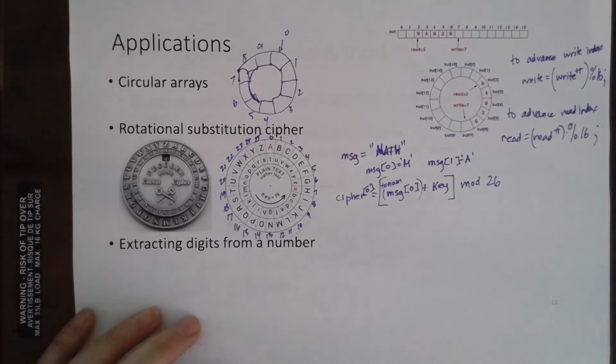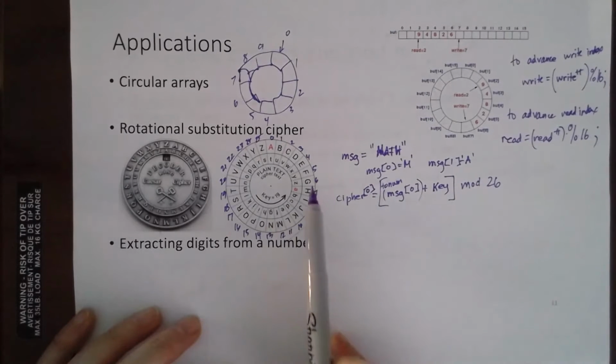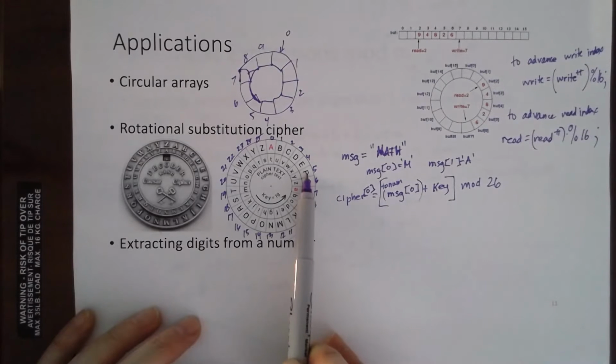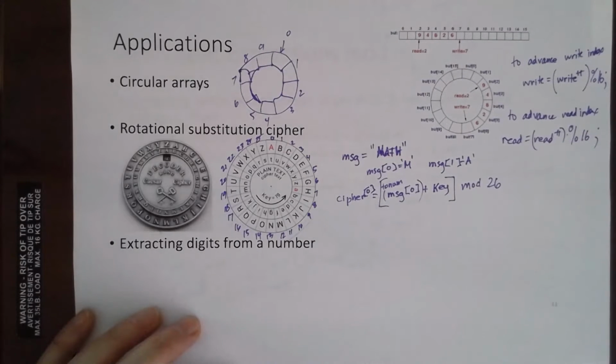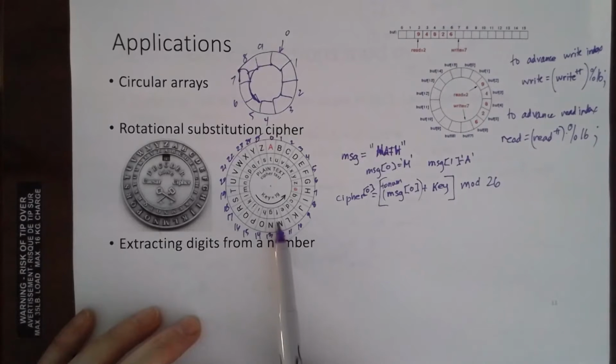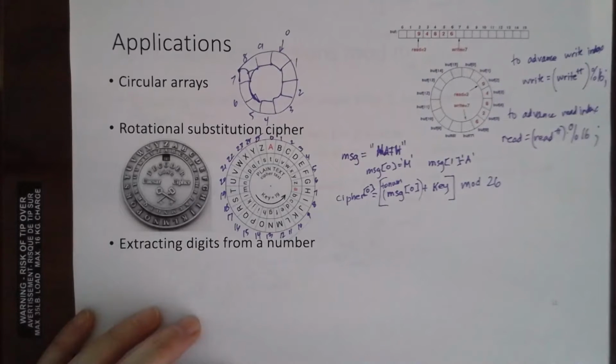If we go to the 5th character here, that would be an F. So it would get stored as an F. And if you notice over here, this M maps to an F. That's correct. You can see on the key that M does map to F.